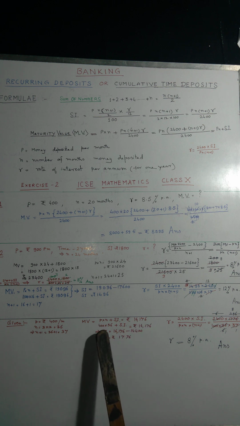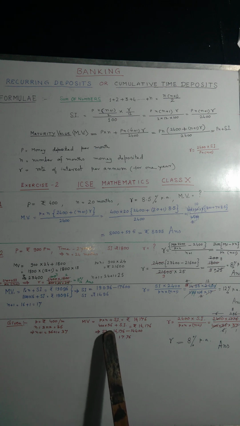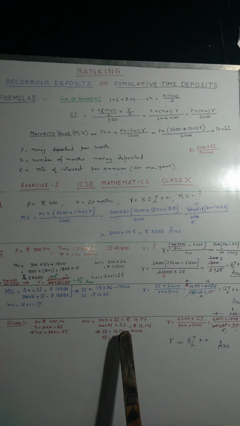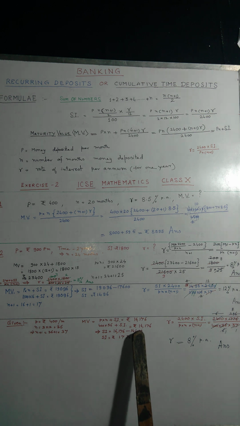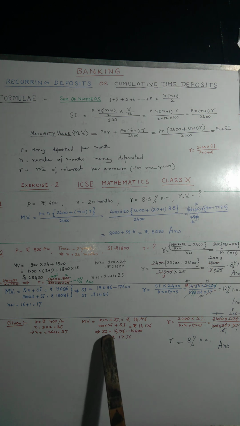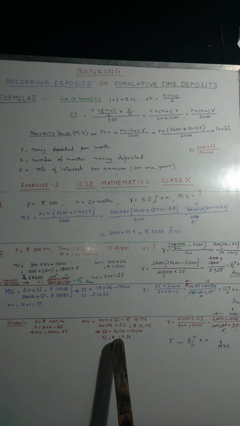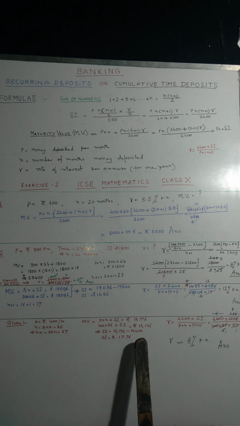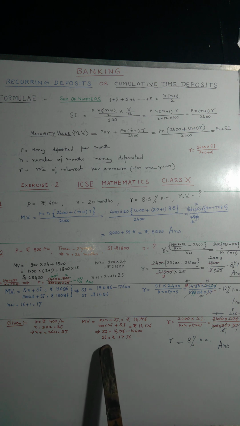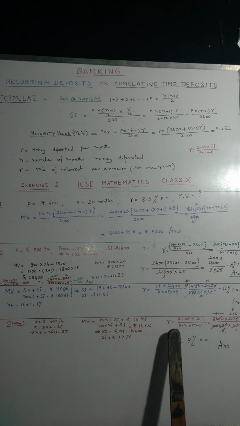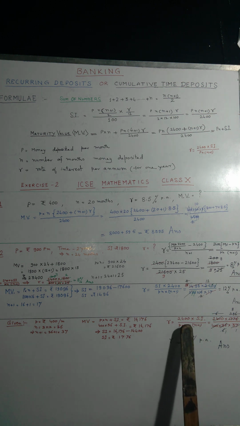Now you see P is equal to 400, n is equal to 36. So in place of Pn we can write 400 into 36 plus SI, simple interest. This should be equal to 16,176. Simple interest is equal to 16,176 minus 14,400. So the simple interest will be equal to 1,776.